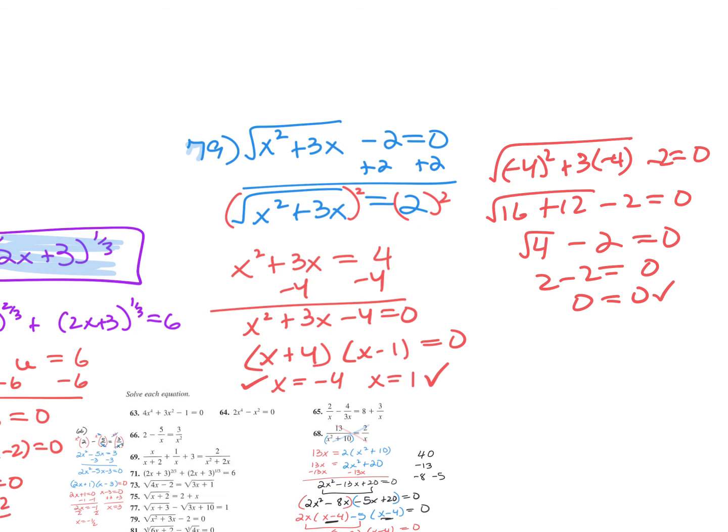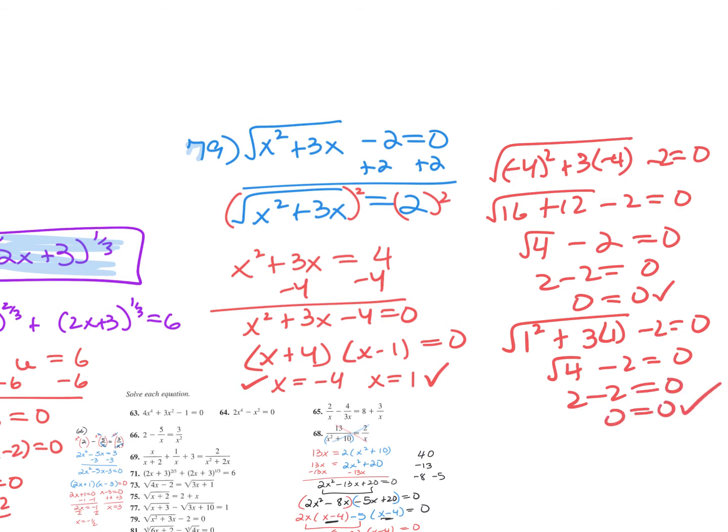So this one works. And then when you plug in 1, 1 squared plus 3 times 1 minus 2 equals 0. 1 squared is 1 plus 3 times 1 is 3. So this is 4. Square root it. 0 equals 0. Notice they both check.